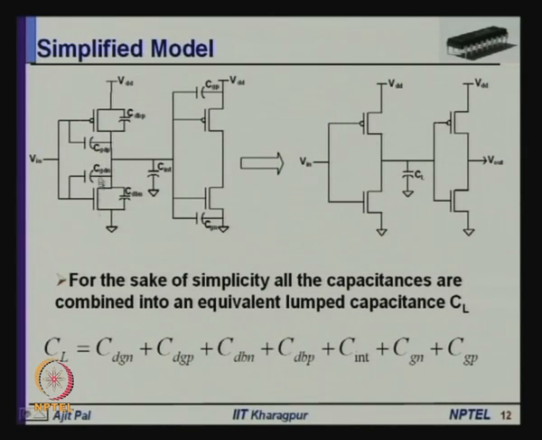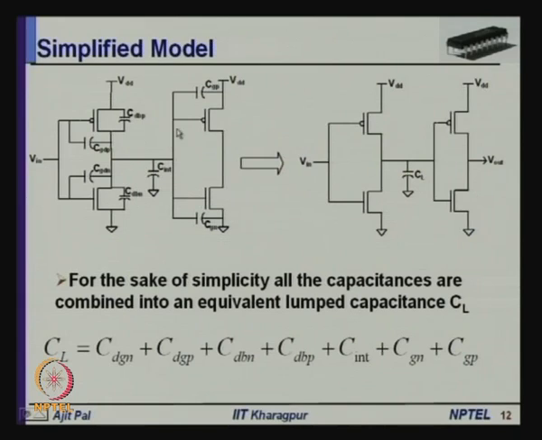What we can do, we can see that the effective load capacitance CL is essentially the sum total of CDGN, CDGP, CDBN, CDBP, C interconnect, CGN and CGP.